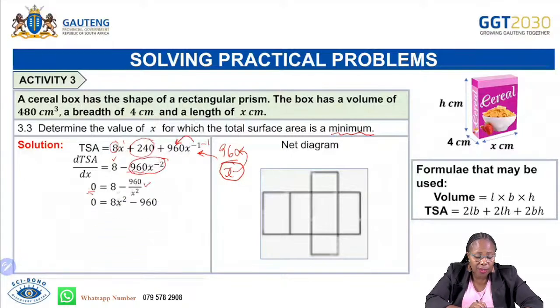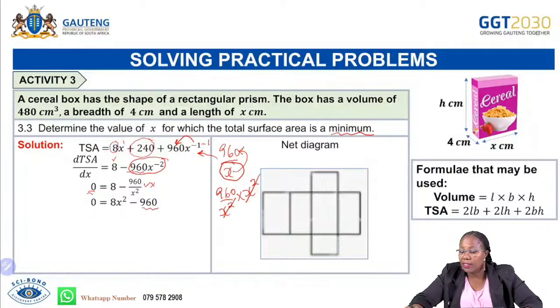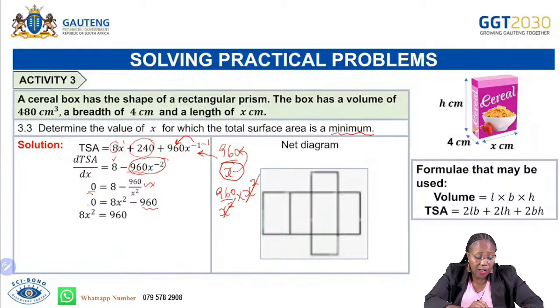And then next step, we are going to multiply throughout by the x squared on the denominator. So we end up with 8x squared. And then if you multiply this 960 over x squared by x squared, the x squared will cancel x squared. Hence, we have only 960 there. And then we are solving for x squared, grade 12. We are going to transpose the 960 to the left, then it will be positive 960.